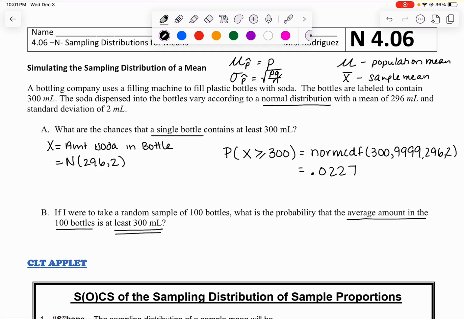This is completely different because now this is not talking about one bottle. This is talking about the average amount in the 100 bottles altogether, right? Let's look at an applet that's going to illustrate this for us.